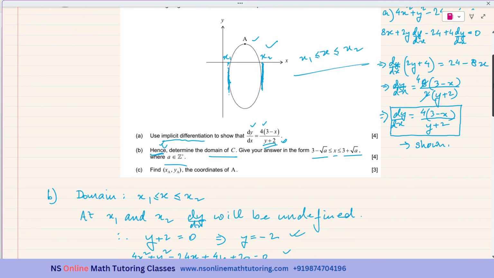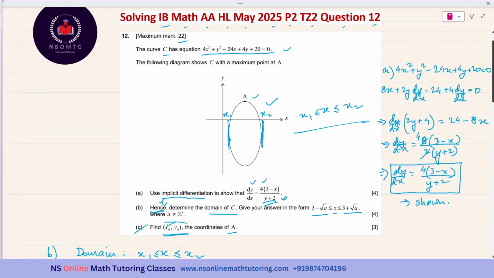Okay. Subpart C, find the coordinates of xa and ya, the coordinates of the point A, x coordinate is xa and the y coordinate is ya. Okay, so let me just solve part C over here because I can see the dy dx expression.